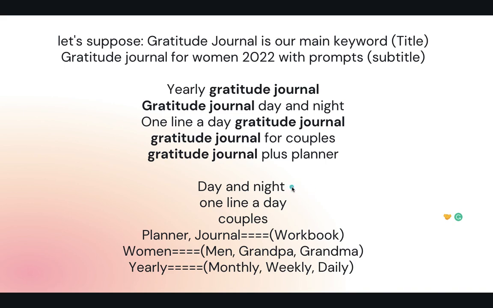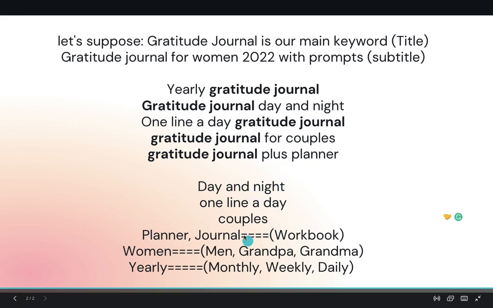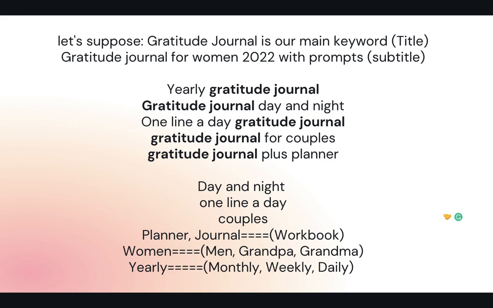But do you think that any person who is looking for a gratitude journal is going to buy your coloring book, or anyone who is in the coloring niche is going to buy your gratitude journal? Does it make sense? No, it is not making any sense, right? So that's why I told you to always use your common sense while picking the words and using the related words, and then put them in the 7 keyword boxes.